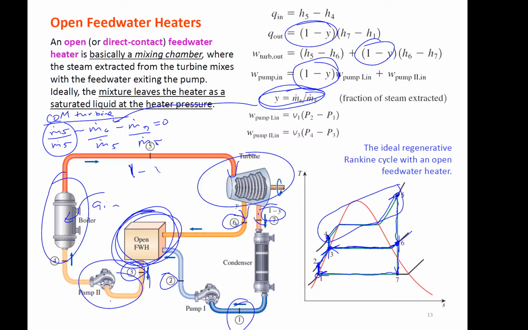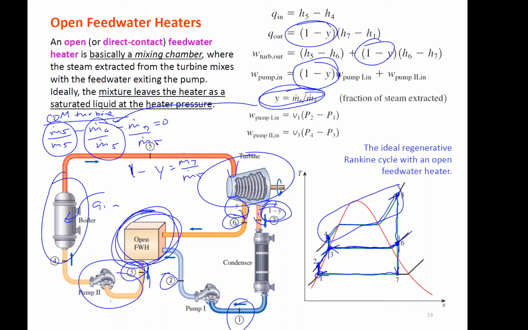Then mass flow rate 7 divided by mass flow rate 5 is 1 minus y. So y is going through here, and 1 minus y is going through here.